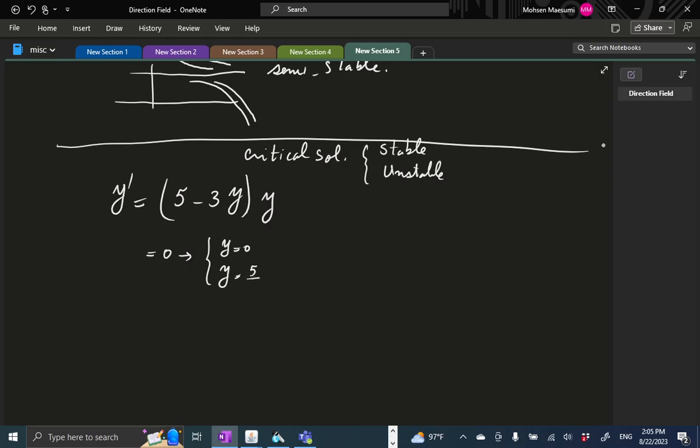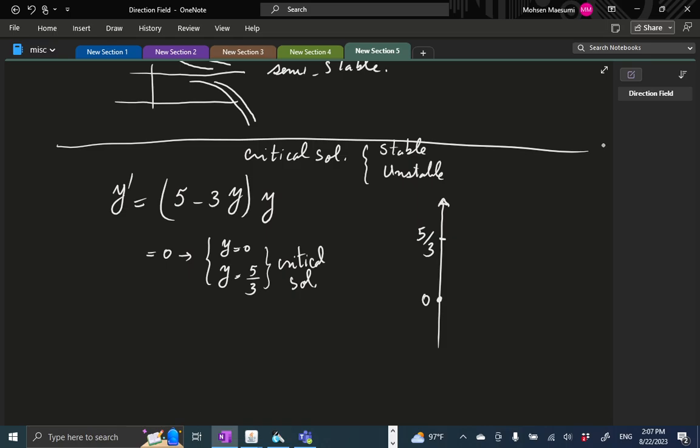I guess 5/3. It is customary to draw a line, in this case a vertical line because our y-axis was vertical, and pinpoint the two solutions that you have, 0 and 5/3. These are the critical solutions. Then do a little bit of number checking, or sign analysis.